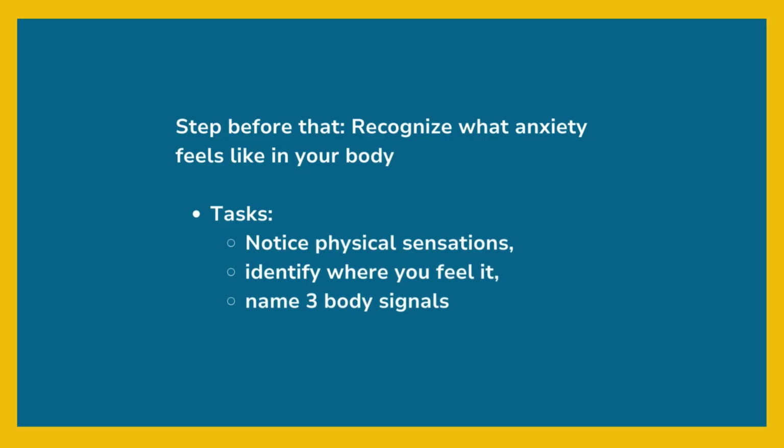And so if that's your step, how do we know when that step is done? What do clients need to do in order to accomplish that step? So those tasks might look something like noticing physical sensations, identifying where they feel it, naming 3 body signals.